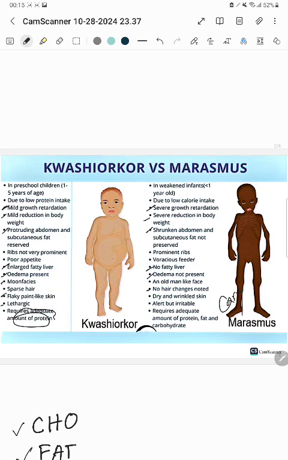In this condition, Mr. Carey is alert but irritable, and he requires an adequate amount of protein, fat, and carbohydrate, all the components.